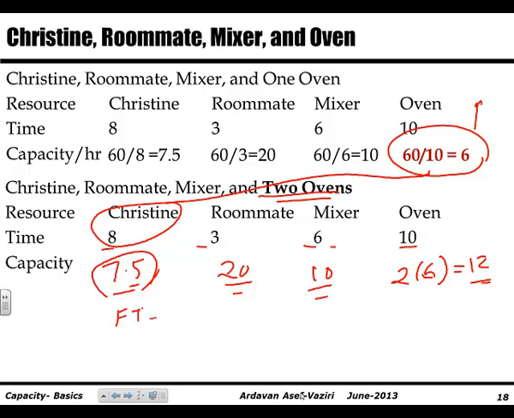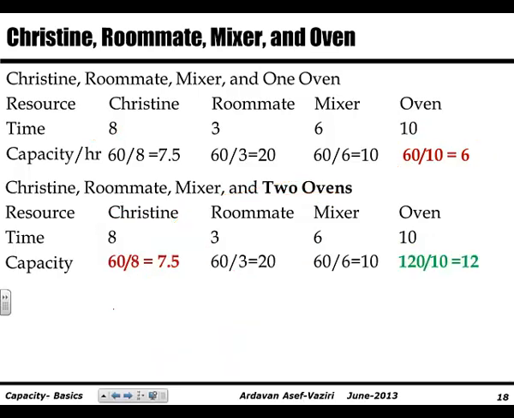Flow time still is equal to 8 plus 3 plus 6 plus 10. Each hour you produce 7.5 units. Therefore, 60 minutes divided by 7.5 is equal to every 8 minutes, 1 unit of product goes out.